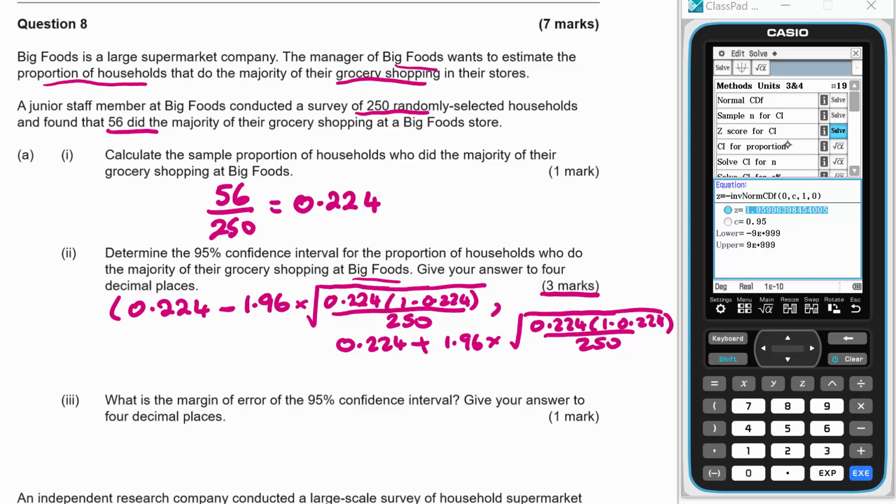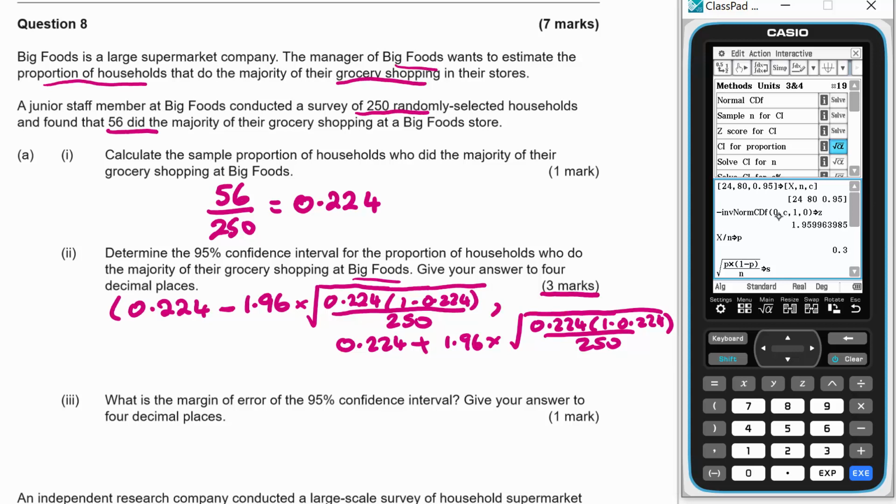So confidence interval for proportion, we go in there, and the first one is the 56. So we're going to have 56. That was out of 250.